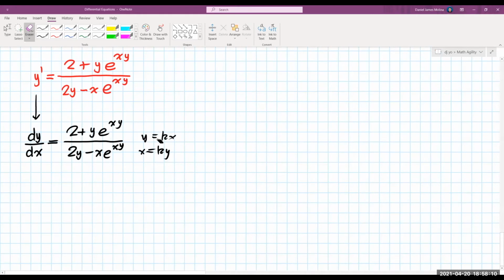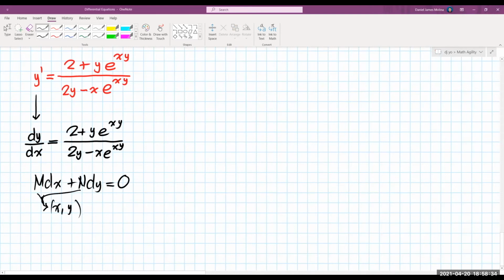So what we can do here is let's try to rewrite it in this form. We have M dx plus N dy, and then we'll try to work from there. M and N here are already expressions in x and y.